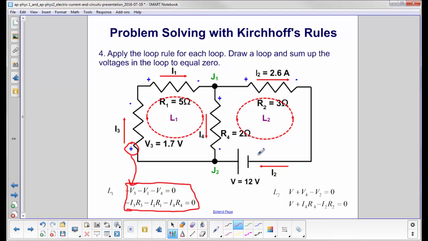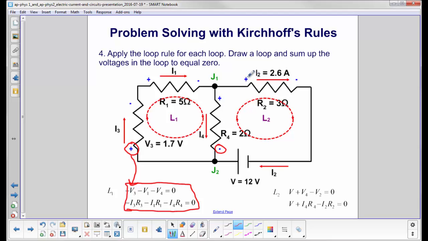Now let's look at loop 2. We start at the battery. We're going across the battery clockwise, and we're leaving the positive terminal, so that is a plus V. Now, look at resistor 4. We're entering at the negative side, so we're going to give that a positive V4. We keep coming up here.